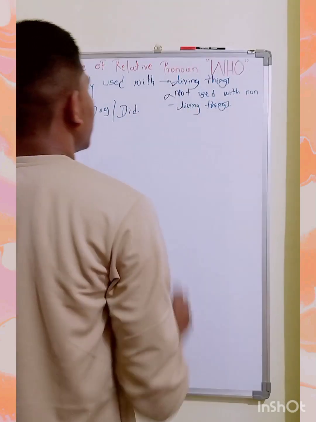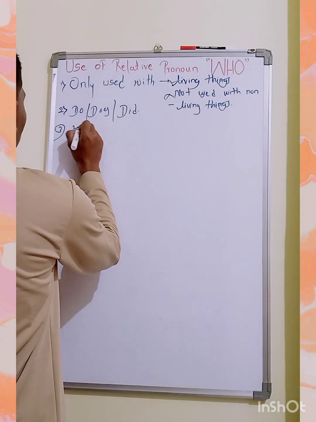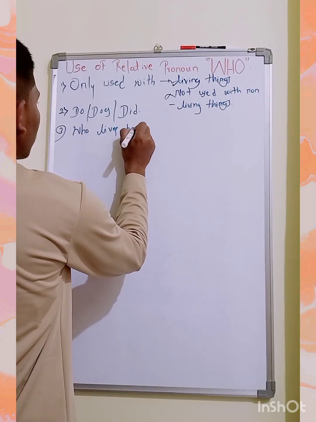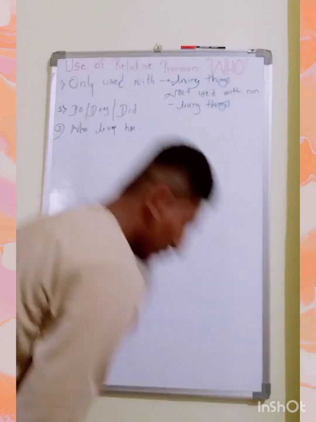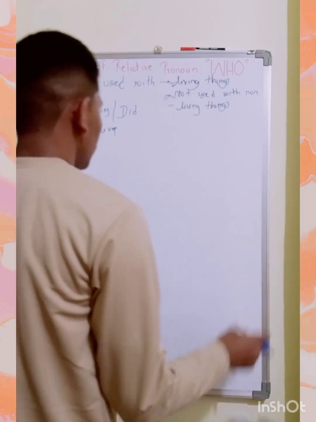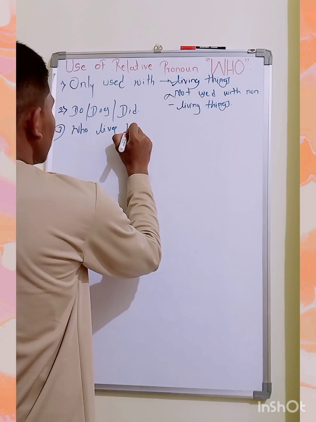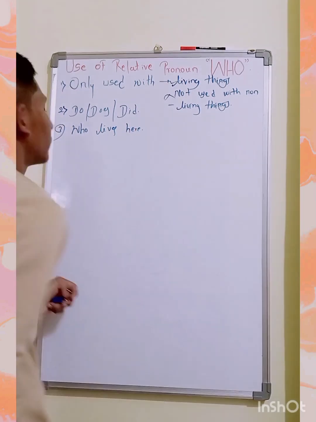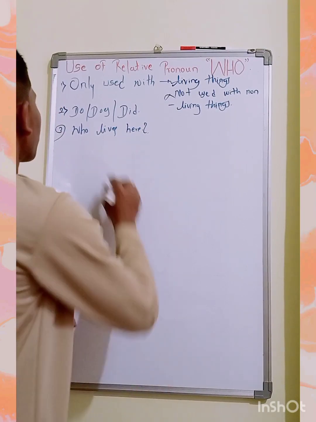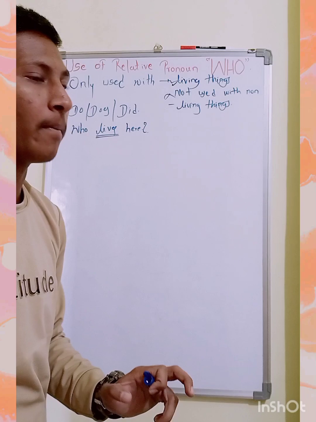Because with who, what we have to use is "Who lives here?" This is the right one. Sorry, my handwriting is so horrible that you have to cooperate with me. Who lives here? So now this is the right one. Here the verb is in the first form.